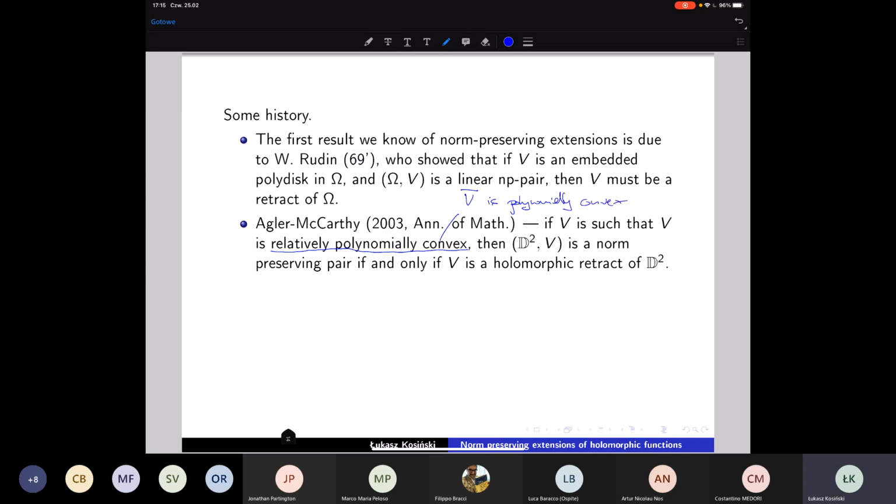I will show you in the sequel where this condition comes up. And they showed that this is an NP pair if and only if either V is a point, or it is a geodesic, or V is the whole bidisk.